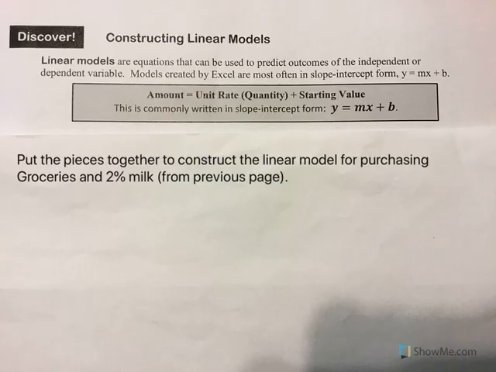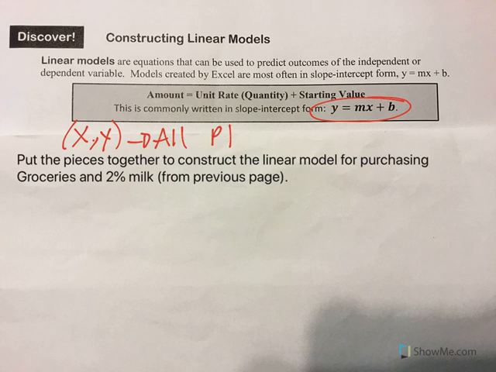So then I think about constructing the linear models. We talk about slope-intercept form, y equals mx plus b. Okay, now what this means, x and y represent all points on the graph, meaning you are always going to have x and y. They will stay x and y.